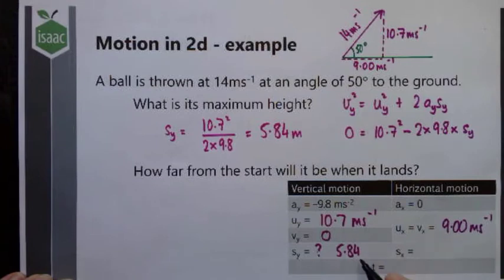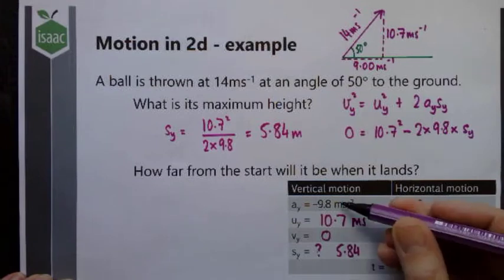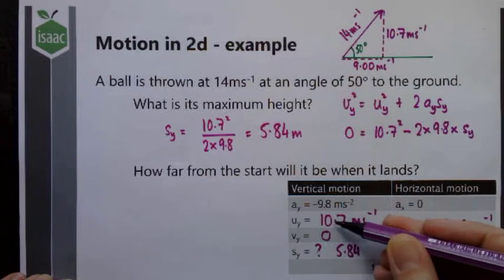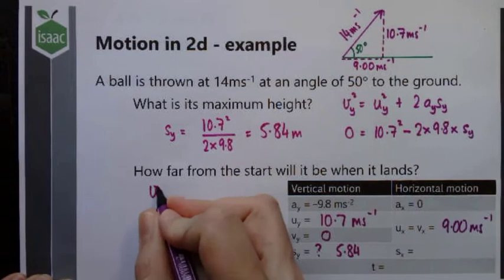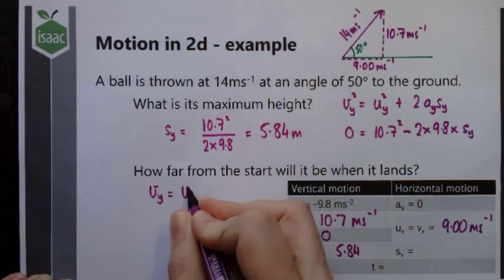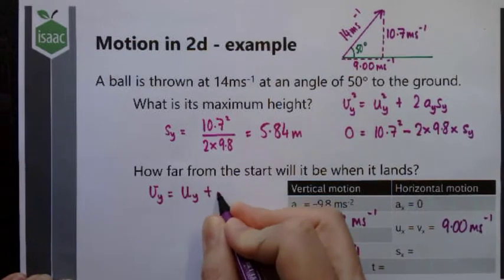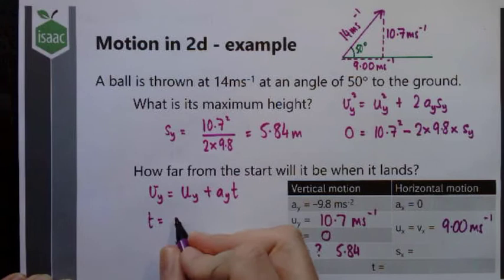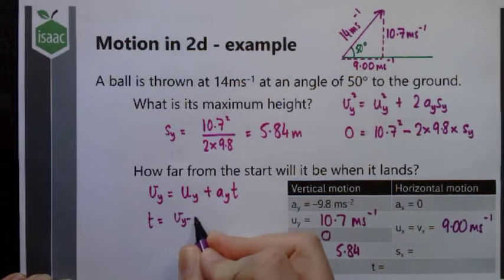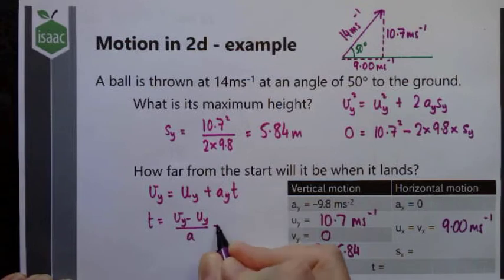Now I know we did work the distance out, but we have got an acceleration, an initial velocity, and a final velocity. So I'm going to use the equation that says final velocity equals initial velocity plus acceleration times time. I can rearrange to get the time is equal to the change in velocity, that's vy minus uy, all divided by the acceleration.